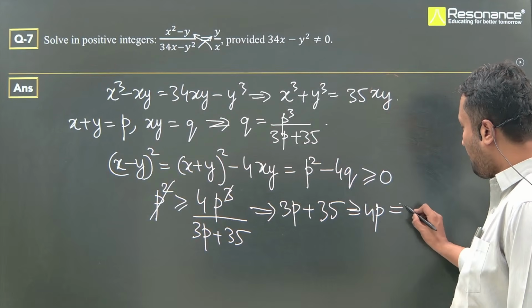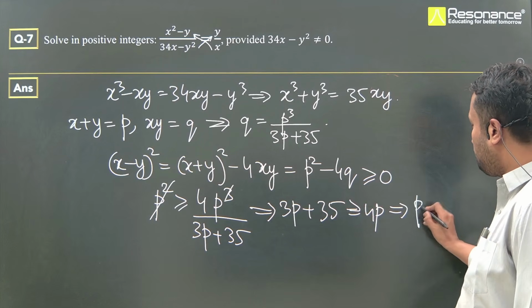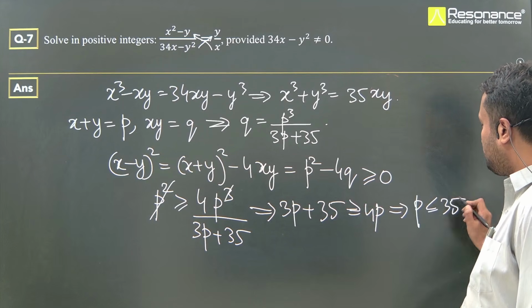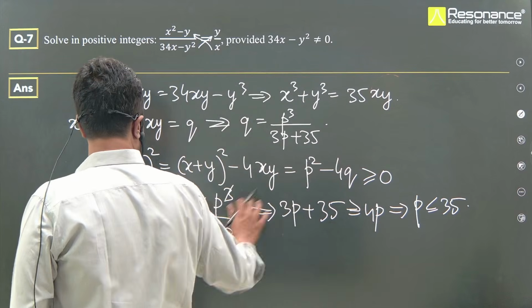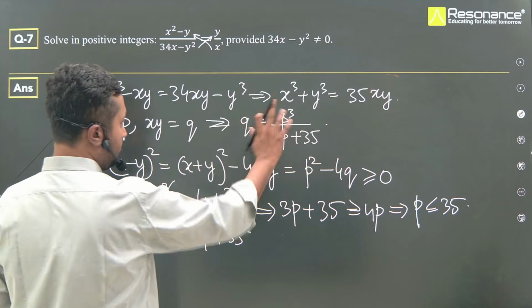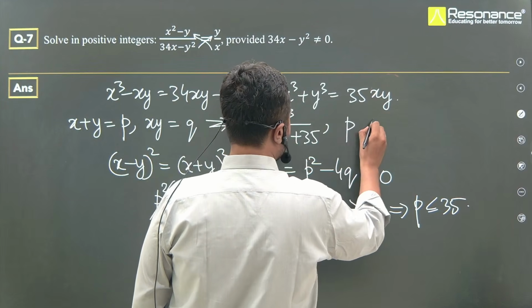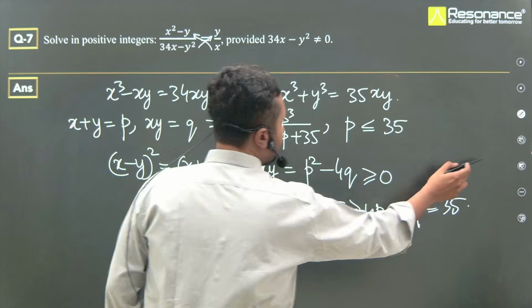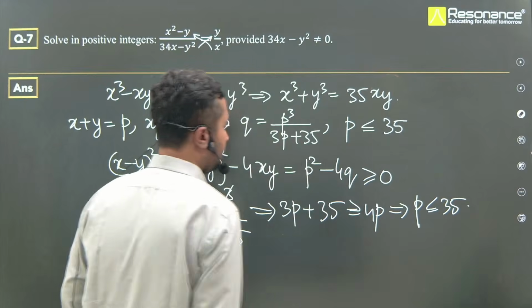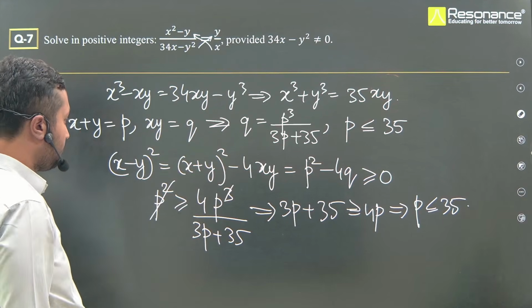So bring that 3p here, you see that p is less than or equal to 35, or 35 is greater than or equal to p. Same story, right? Let's write that conclusion. P is less than or equal to 35. Okay, that's good. So that will ensure that the discriminant and all that works out fine.